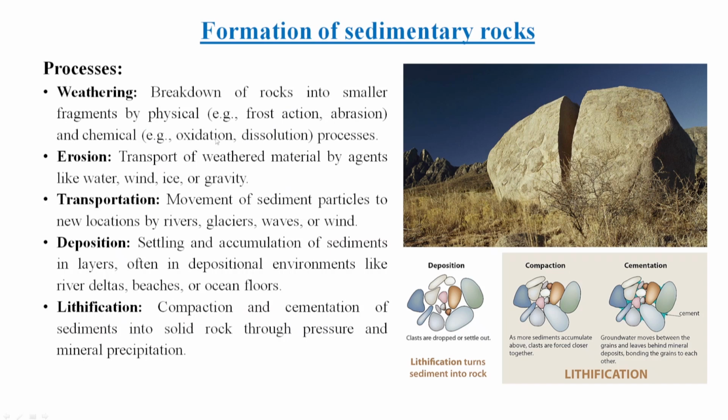I just forgot to mention, I will also give you a simple example of frost action. If there is a pre-existing fracture in a rock like this, before the disintegration of the rock into two or more fragments, and some water, be it rainwater or groundwater, accumulates within that fracture and freezes during the winter season, then what will happen?